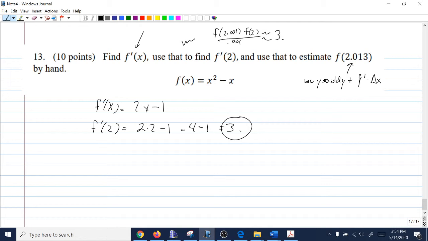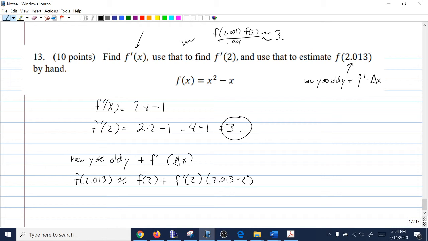Anyway, I want to estimate f of 2.013. That's a new y is about the old y plus the derivative times the change in x. So f of 2.013 should be about f of 2 plus f prime of 2 times 2.013 minus 2. What's f of 2?